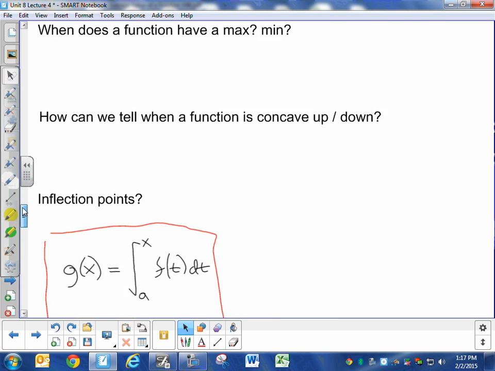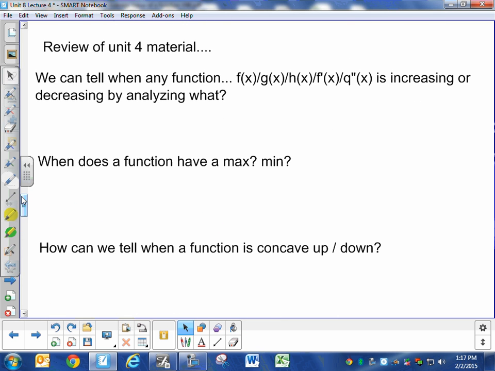And we also need to remember our stuff from Unit 4. We need to remember what we have to do to see when something's increasing or decreasing. So we can tell when any function, whether it's an F, a G, an F prime, a G prime, a G double prime, we can tell when that is increasing or decreasing by analyzing what?